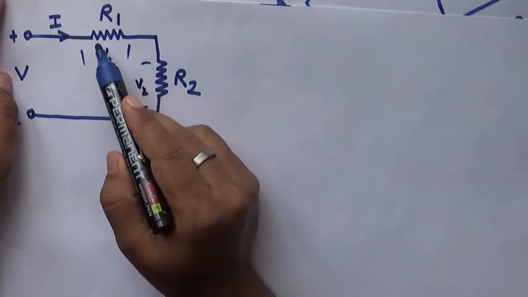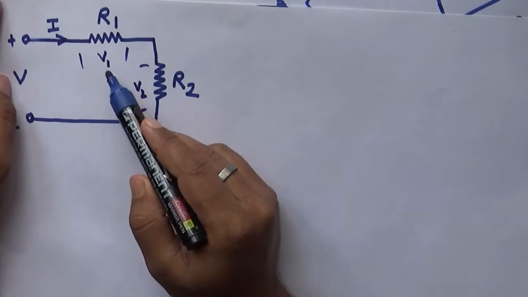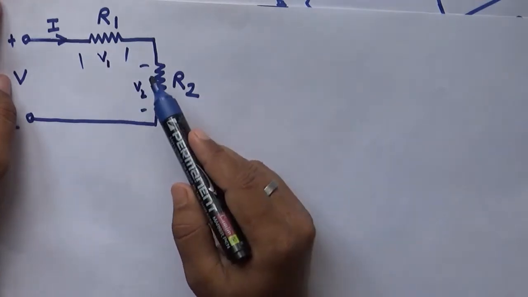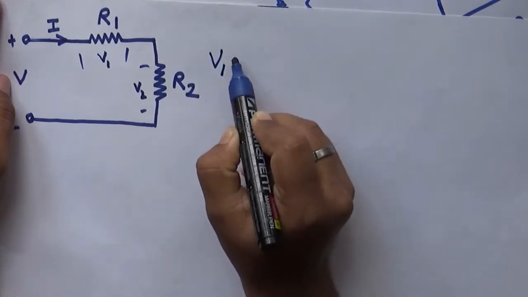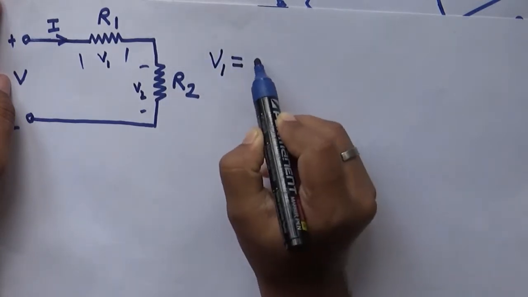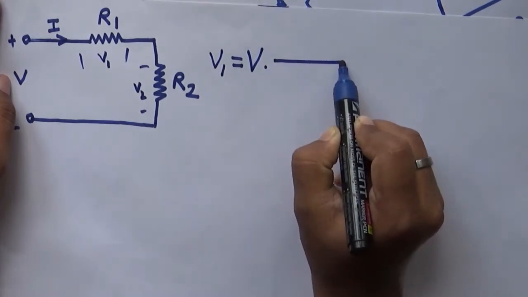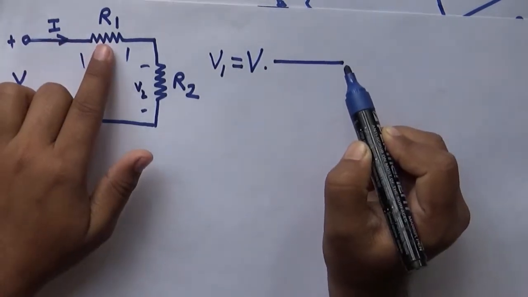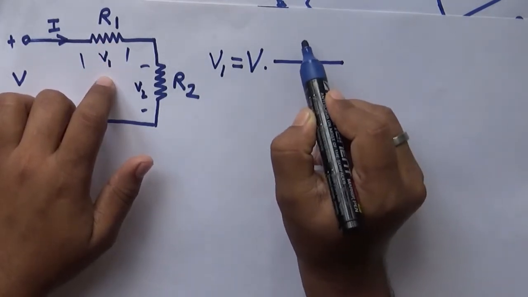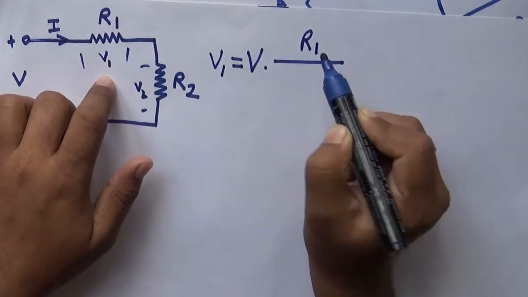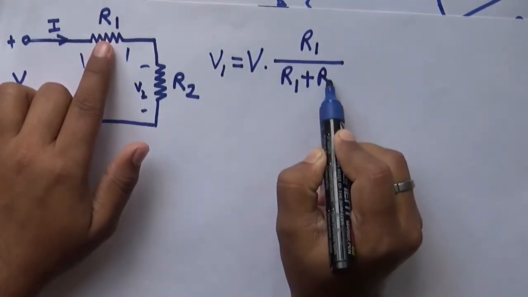And what is V1? It has a very simple formula. We know V1 is equal to the input voltage times the resistance across V1, which is R1, divided by R1 plus R2.